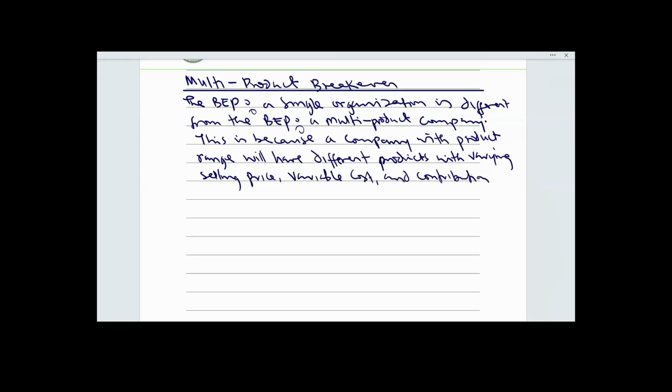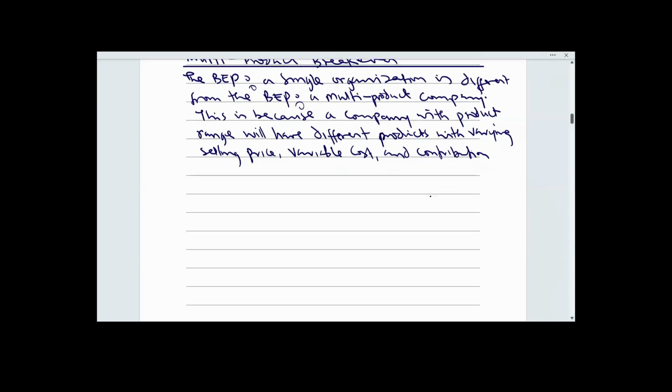Okay, so when you say multi-product organization, a multi-product organization is a company that produces more than one product. Of course, relative to a company that produces only one product.